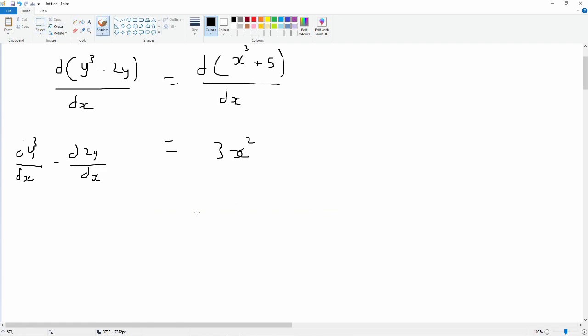I'm going to do it over here if I can find what happened to my cursor. dy cubed by dx is equal to 3y squared, which is dy cubed by dy, and then we've got to multiply that by dy by dx.